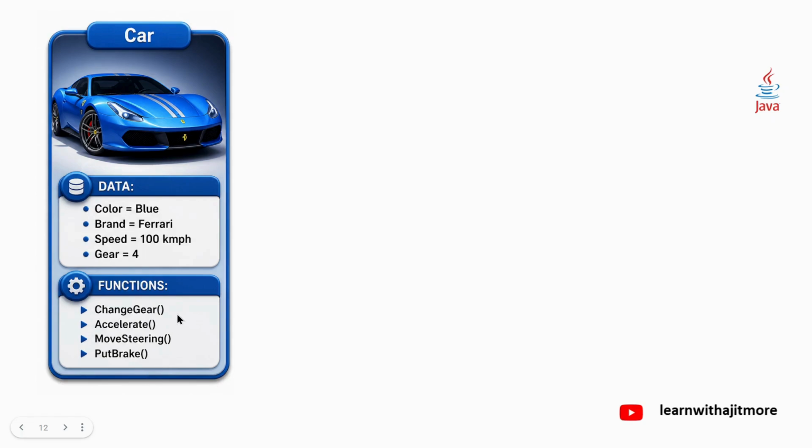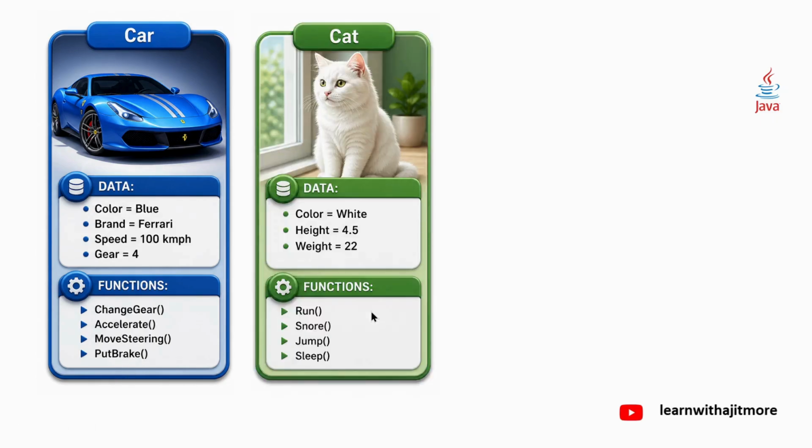And these are the behaviors: changing the gear of the car, accelerating the car, moving the steering, putting the brake. The spelling here is B-R-A-K-E, because those who do C programming or Java might know the spelling, but for putting brake, this is the spelling.